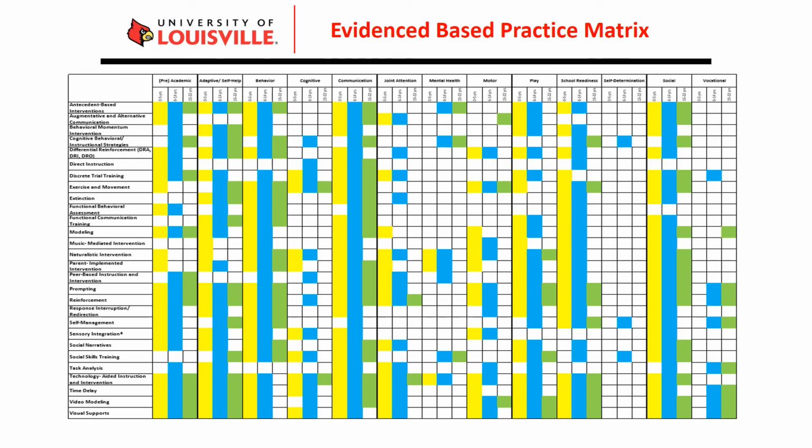So you can see here on the left side of your screen are a list of evidence-based practices. And then across the top, it has categories of the areas that these are useful in. So we see pre-academic skills. Going across the top, we see adaptive self-help, behavior, cognitive, communication, joint attention, and it continues on for several different categories, all the way down to vocational.